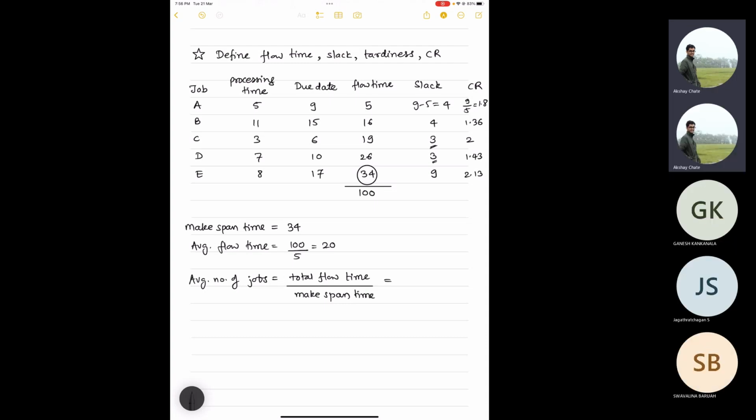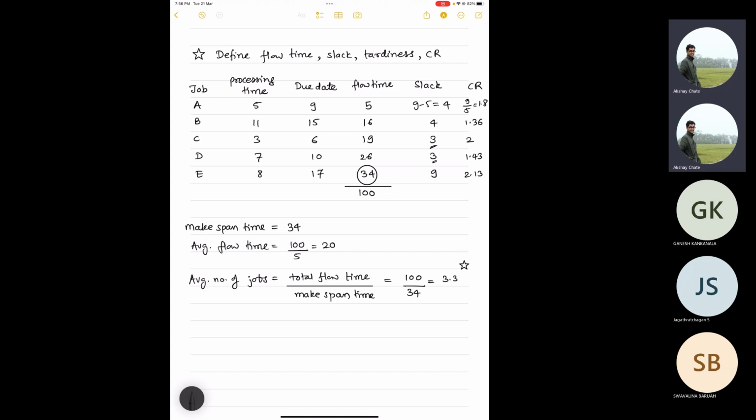So total flow time is 100 divided by makespan, which was 34. So it will be around 3.3. Basically, on an average, there were 3.3 jobs in the system. You should remember this one because it is important for the GATE exam.